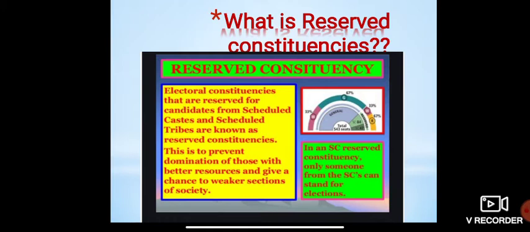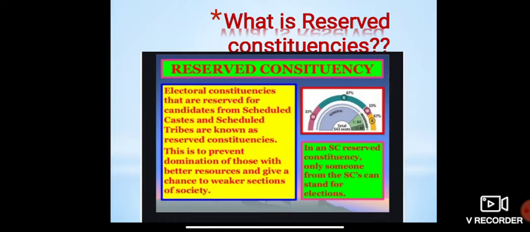In a reserved constituency, only a person who belongs to a scheduled caste or scheduled tribe can stand for election. The unreserved constituencies are also called general constituencies. Reserved mainly for scheduled caste and scheduled tribe means persons belonging to them can contest for that particular seat.